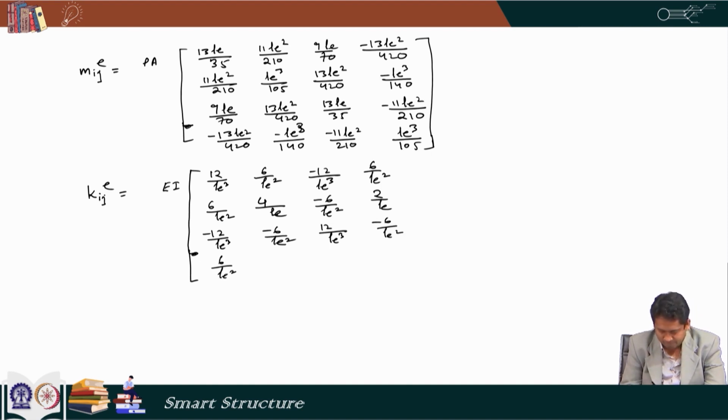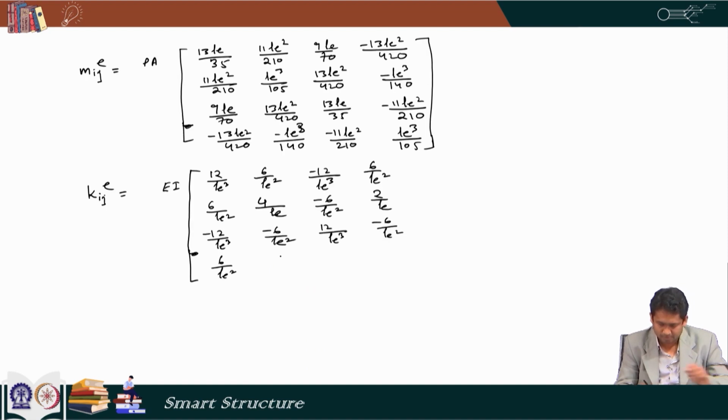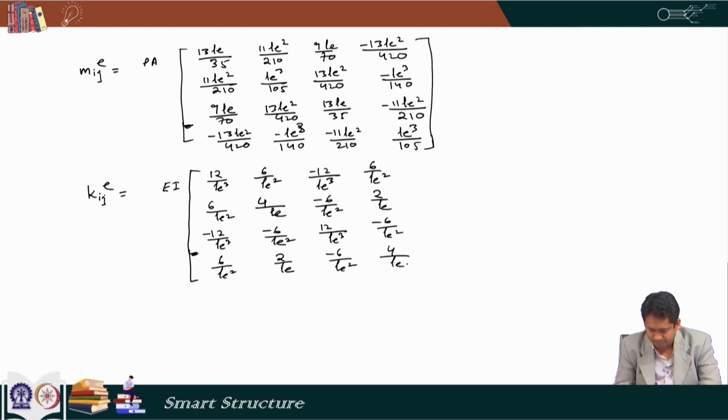So, it is 6 by LE square, this is 2 by LE and again minus 6 by LE square, and finally, in the diagonal term it is 4 by LE.